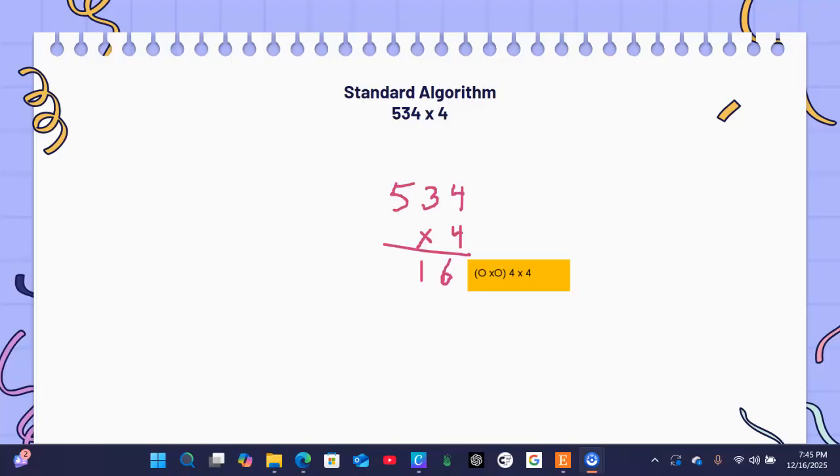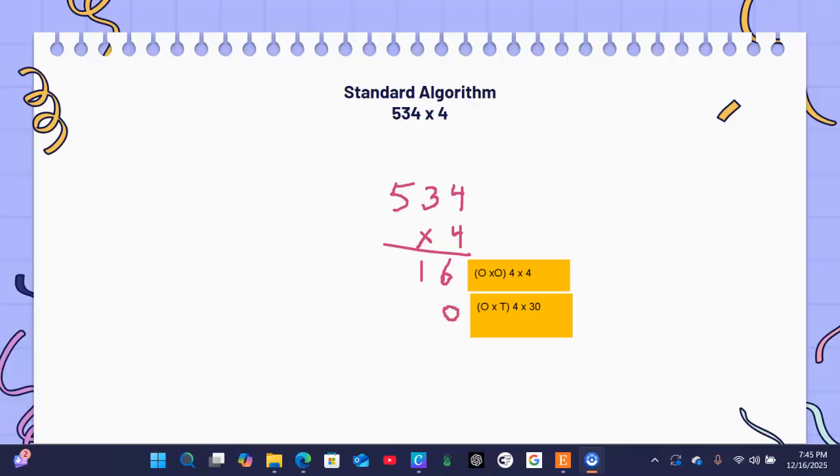And then we'll do our next place value, our 4, which will be our ones place, times our tens place. And that will be 4 times 30. And we'll write our 0 there.